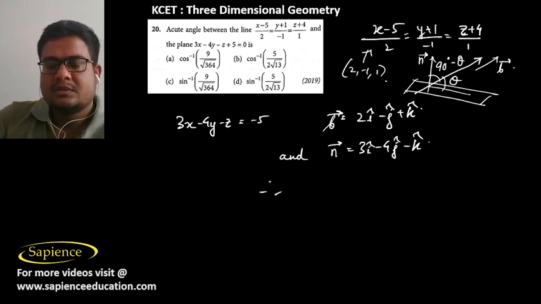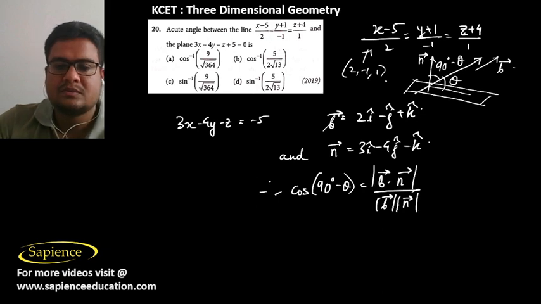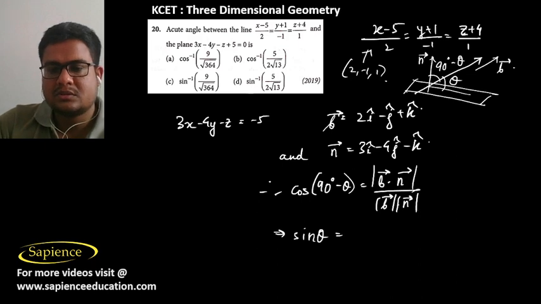Therefore, cos of 90 minus theta will be equal to b vector dot n vector divided by magnitude of b vector into magnitude of n vector. You have to take the mod of this. So cos of 90 minus theta is sine theta, so that is mod of b dot n by magnitude of b into magnitude of n.